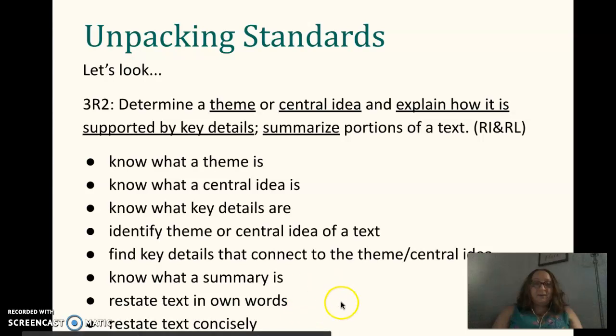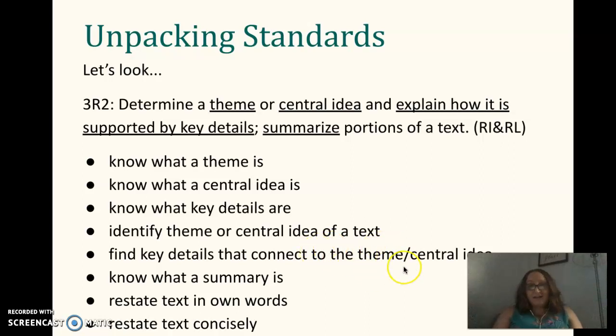So, if you think about it, this is 3rd grade, so it can't be spiraled backwards too much. But sometimes when you unpack things, you will have to unpack multiple layers of things. We could even say, finding key details that connect to the theme. Maybe if they can't do that, maybe they just have to work on finding key details.